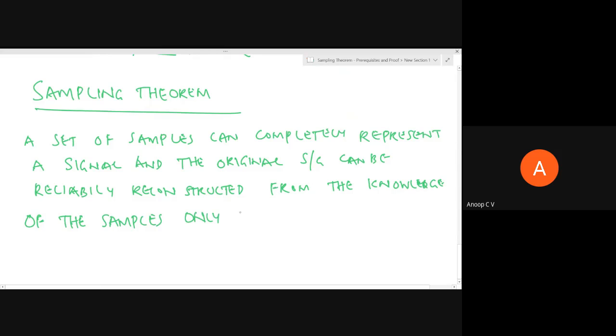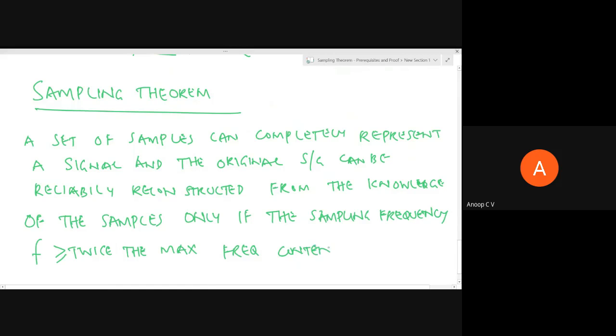only if the sampling frequency fs is greater than or equal to twice the maximum frequency content of the original signal.